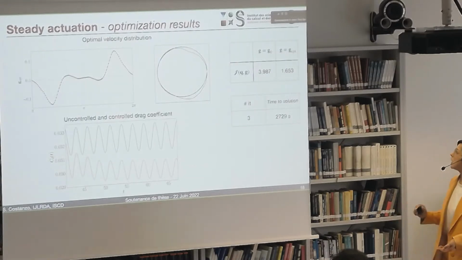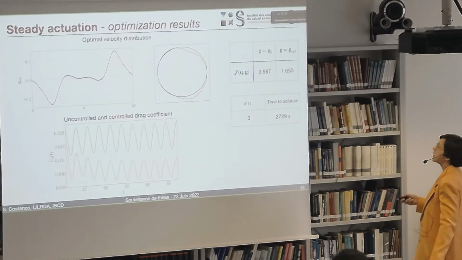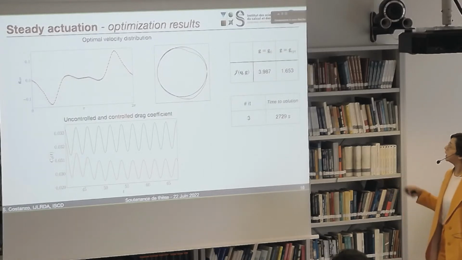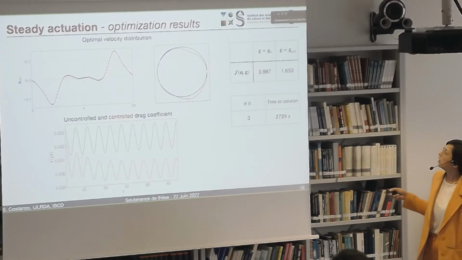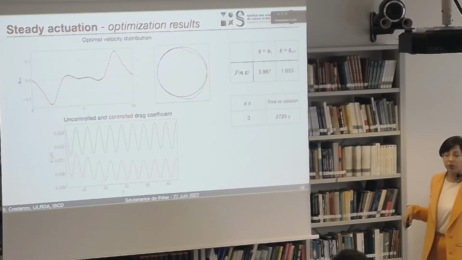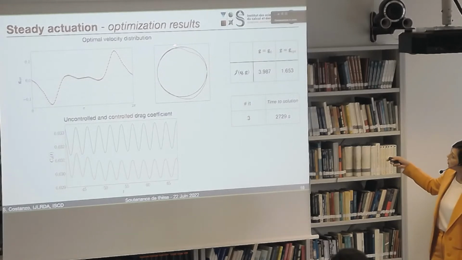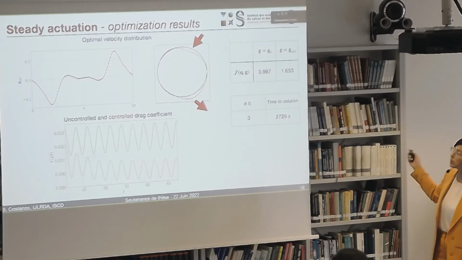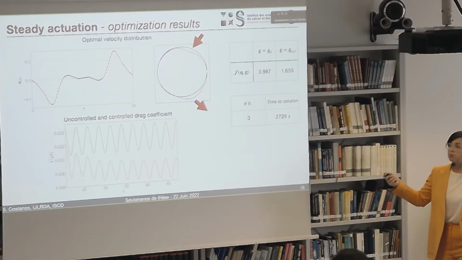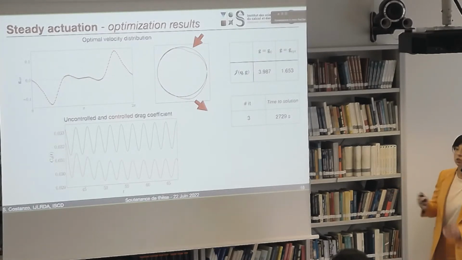So we see the results of this optimization. We can see that the cost has been decreased. The distribution of the velocity, the immersed boundary velocity, sorry, on the surface of the cylinder, and when we do the projection on the surface, we can see blowing and suction effect, as we could expect. This is a steady actuation, so this velocity doesn't change during the simulation.